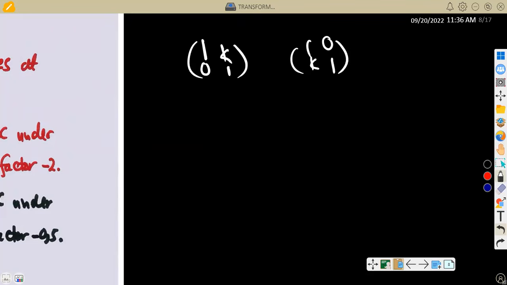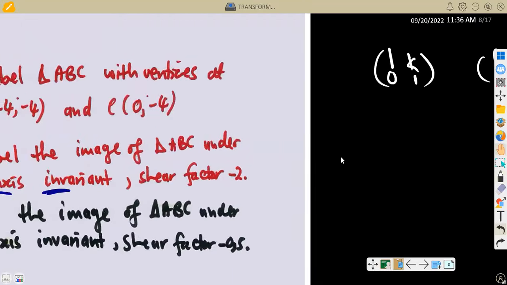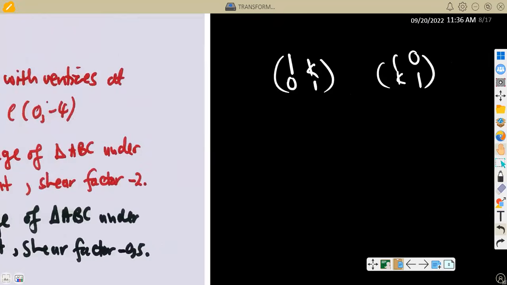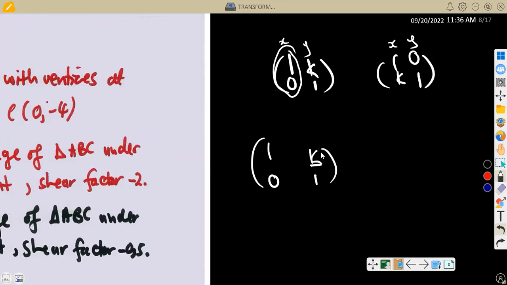But what is the best matrix that you're going to use? We are given that it's x-axis invariant, which means the x-axis is not moving. So this is the one, because remember, this is your x, this is your y. So x-axis is at 1, 0, which means it's not moving. So this is the matrix 1, 0, k, 1, where k is the shear factor.